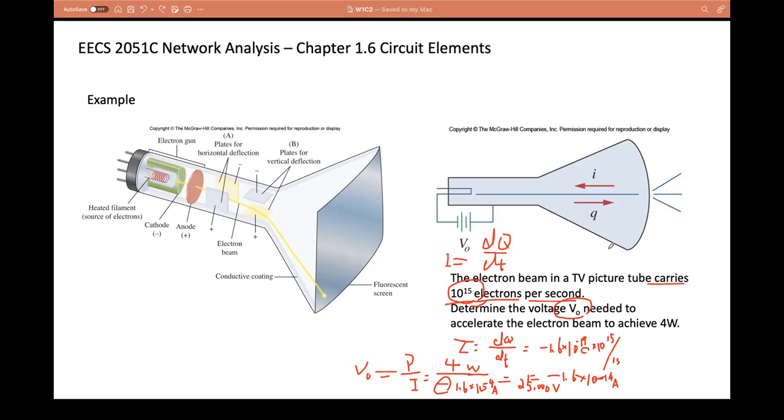So we have dN, a quantity of electrons, over dt equal to 10 to the power of 15.